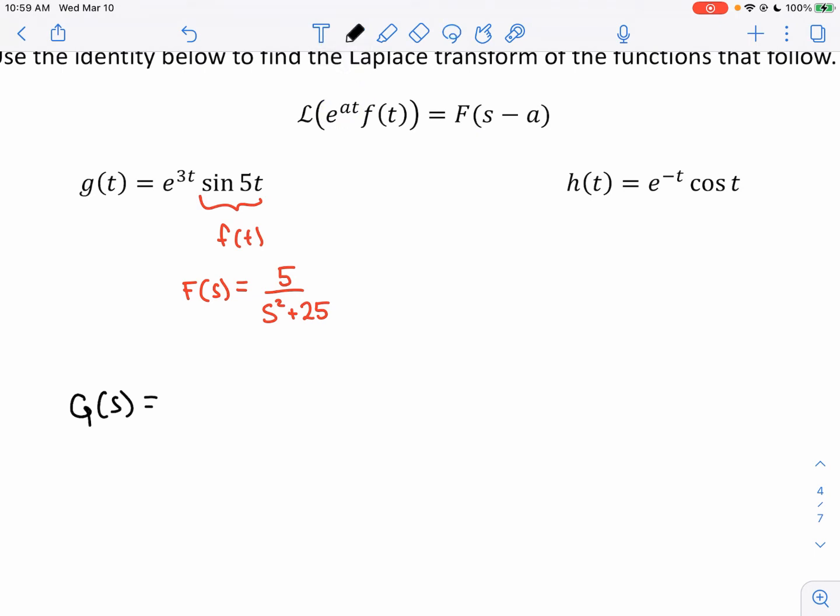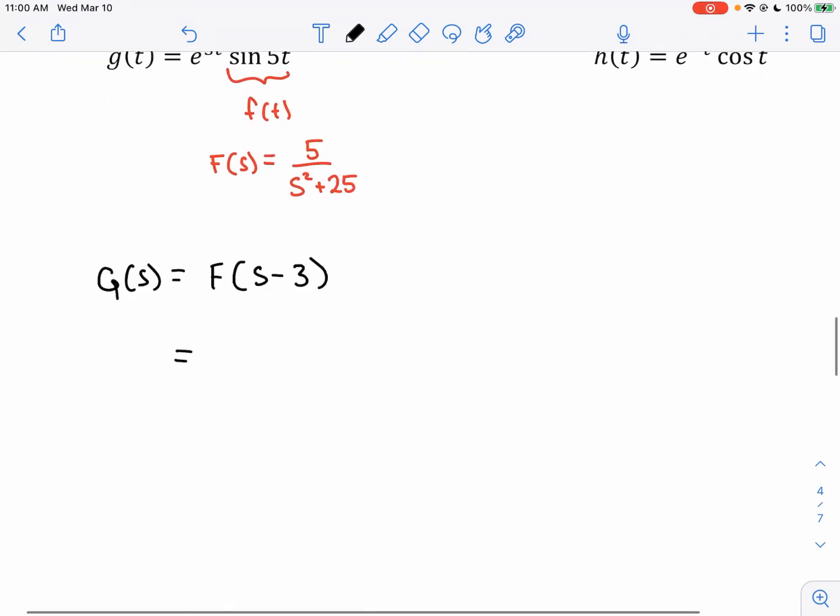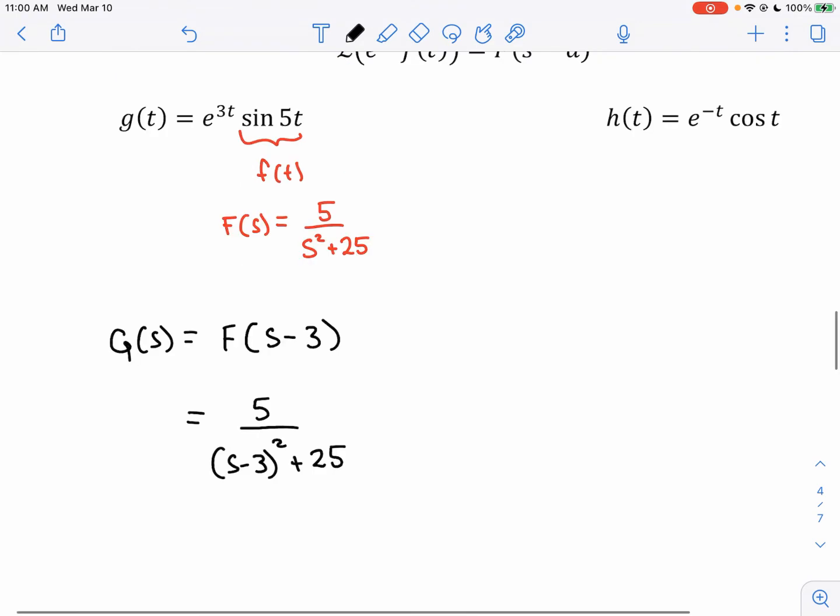So we need to do the F Laplace transform evaluated at s minus a, where a is 3. In other words, this is simply going to give us 5 over, and then change s to s minus 3, so s minus 3 squared plus 25. And that is our Laplace transform of the g function.